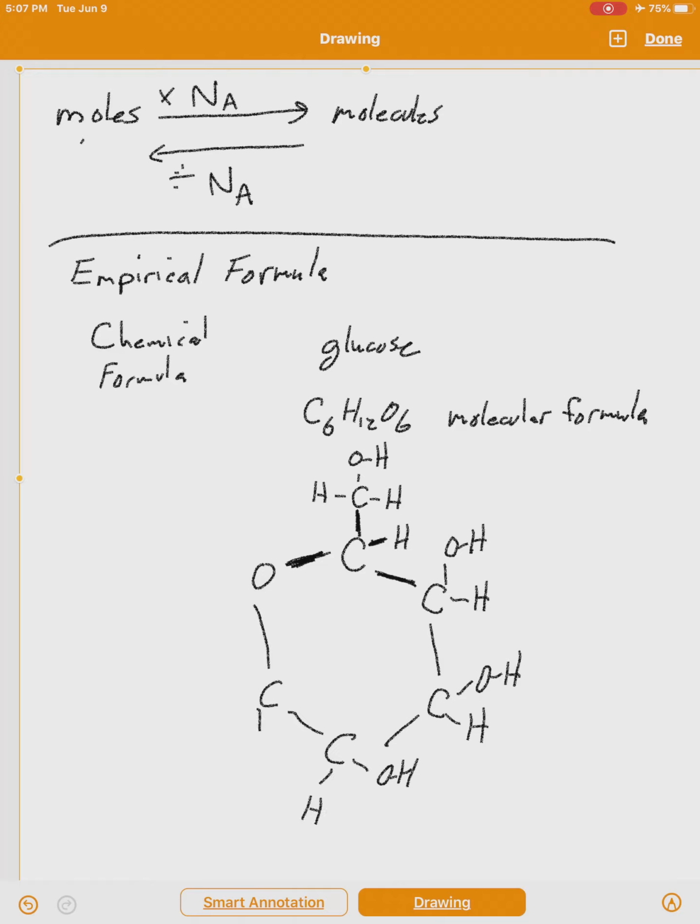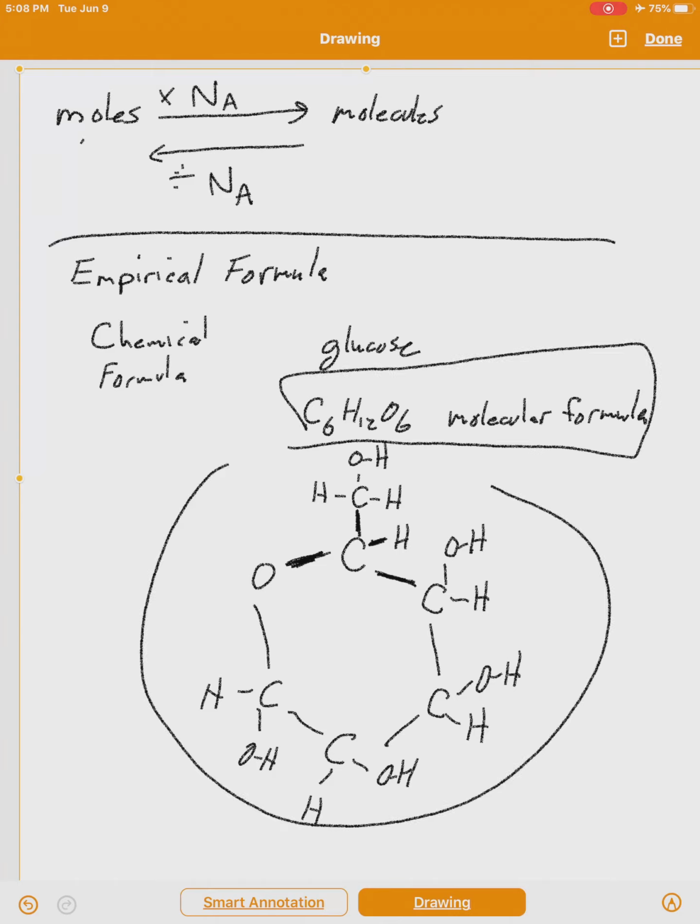It's too complicated for this discussion. But essentially, this would be another way of representing glucose. It shows the bonding, the arrangement of atoms that are in this molecule. But the molecular formula is the main point here. This is called the molecular formula.